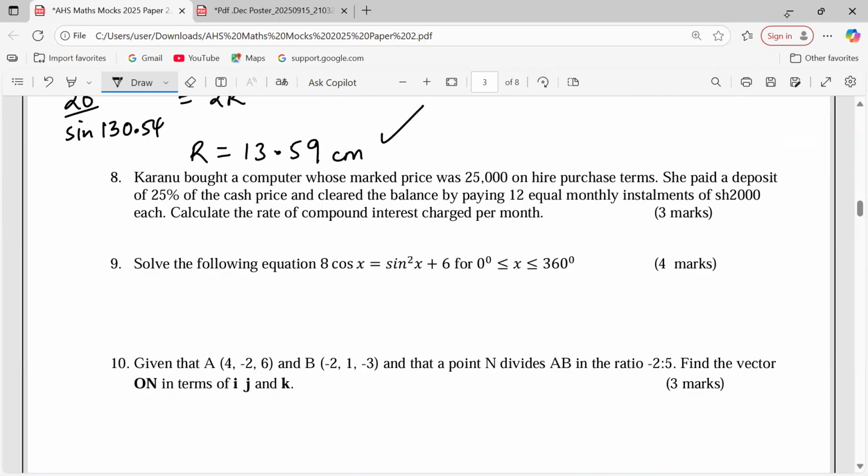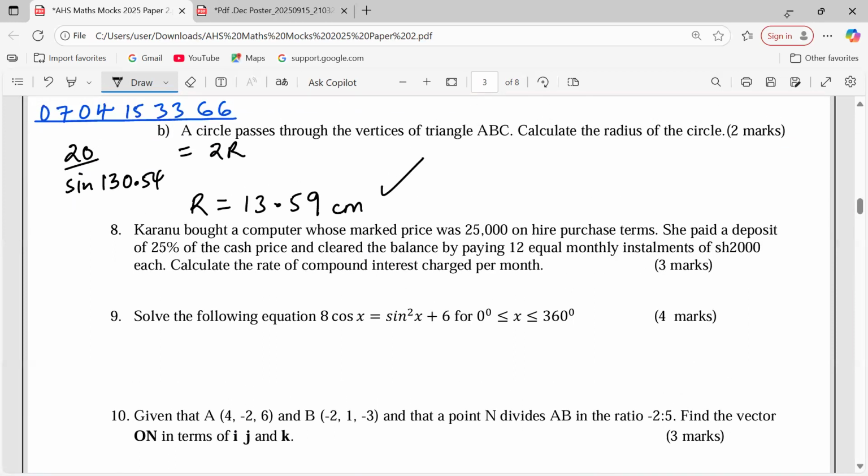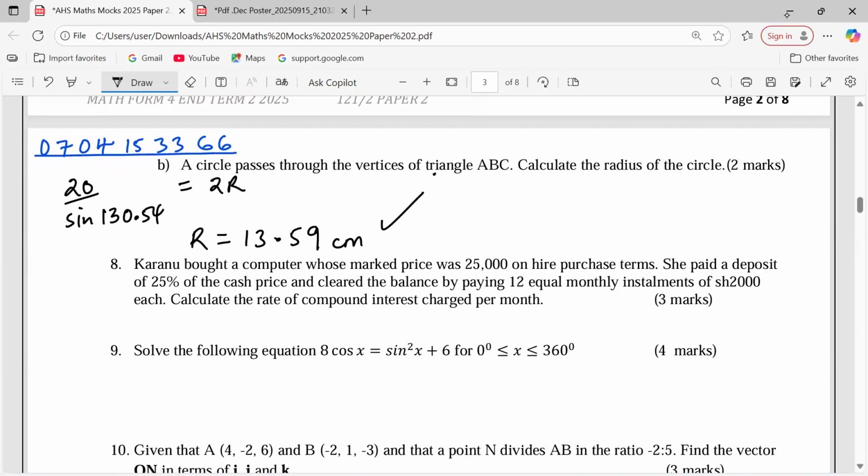Calculate the rate of compound interest charged per month. It's good for you to note one thing here. Very good for you to understand this: that when hire purchase has been involved and a deposit has been made, then interest is compounded on the balance that remains.